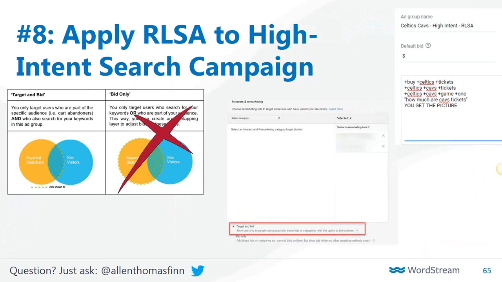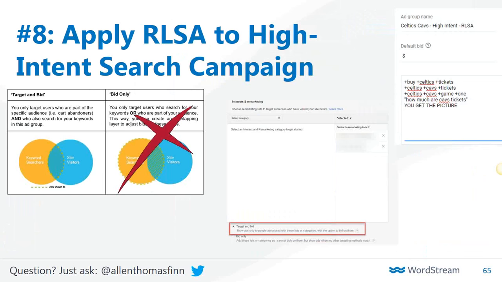Target and bid RLSA, as you can see here, only targets users who are part of a specific audience and who then search the high intent keyword. The combination of these two things makes it so that we are only willing to serve ads to and then pay for clicks from searchers who are ready to buy this second.